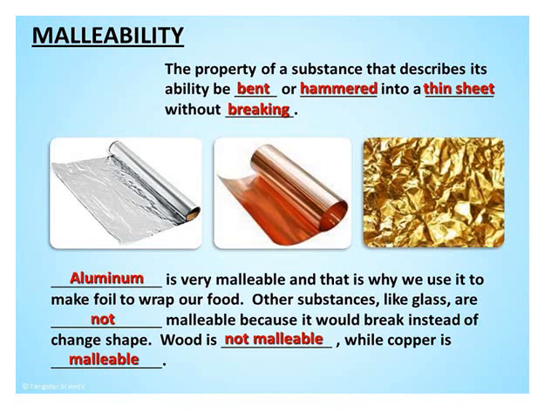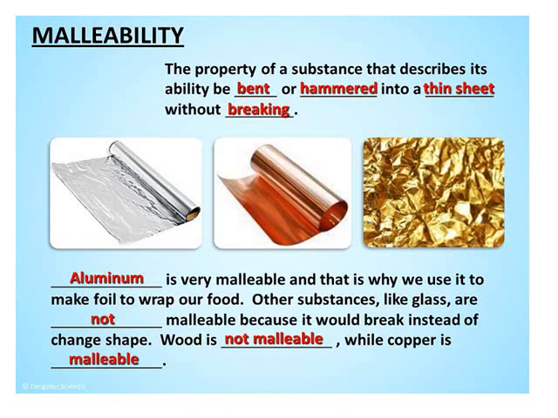You would have seen the aluminum foils which are used for packing up your food. So it is made into thin foil. It is the property called malleability which has changed it into this shape. So aluminum is very malleable, and that's why we use it to make foil to wrap our food.